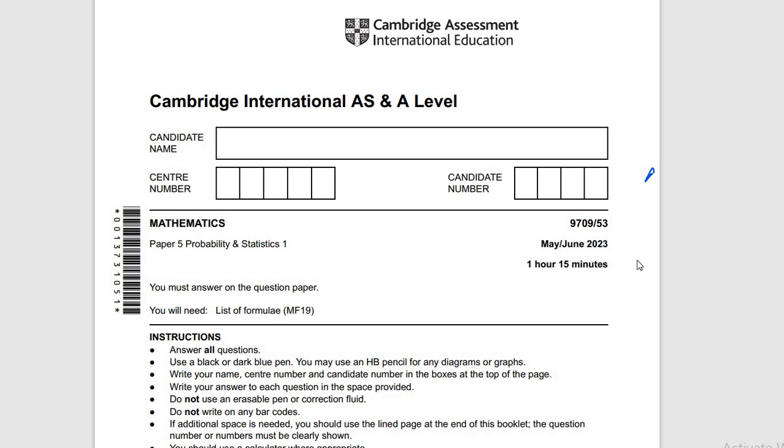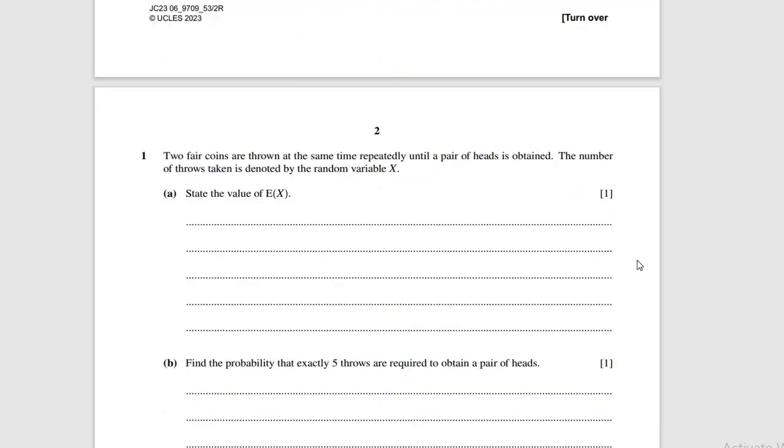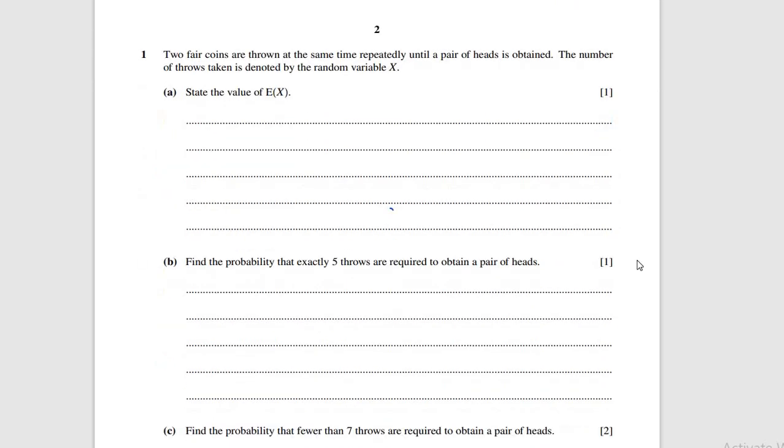Today we shall be looking at Cambridge exam, May-June 2023, 9709, paper 5, variant 3. The first question: two fair coins are tossed at the same time repeatedly until a pair of heads is obtained.